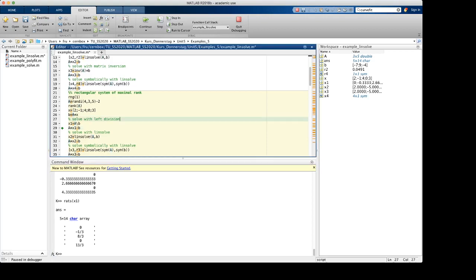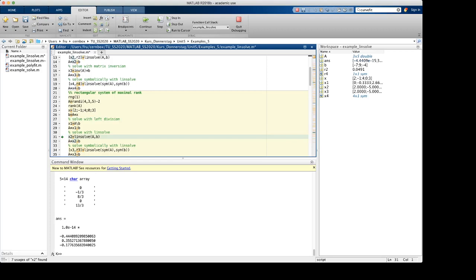And if we now compare the left-hand side with the right-hand side, so A times x1 minus b, we get rounding errors of the order of 10 to the minus 15 to 10 to the minus 14. But of course, we get only a single solution.